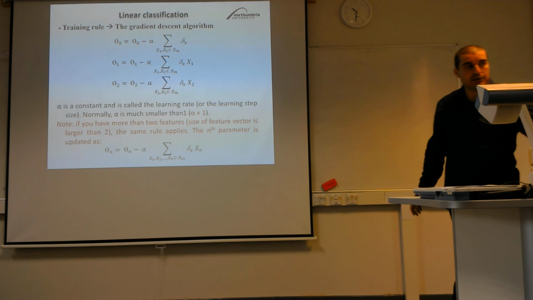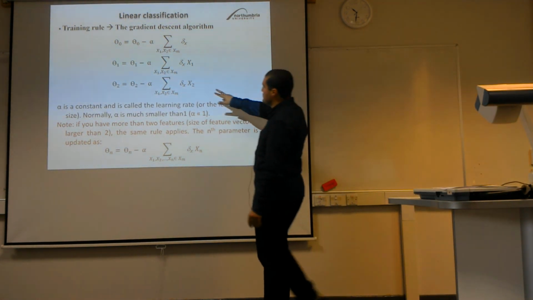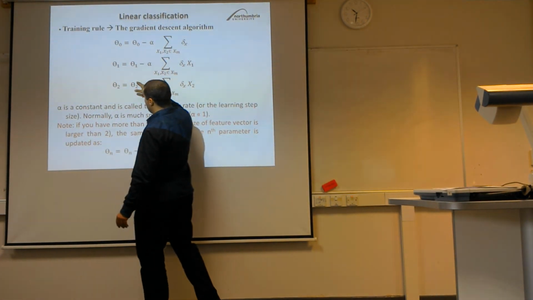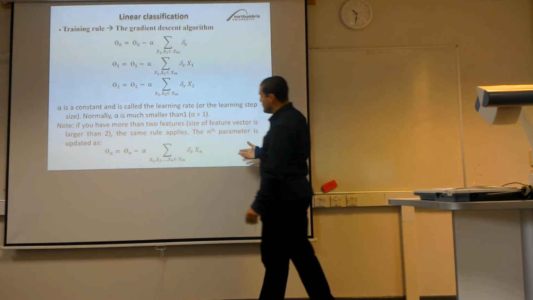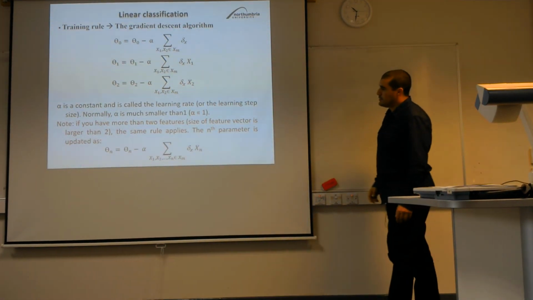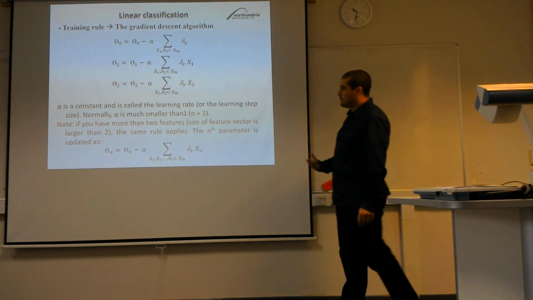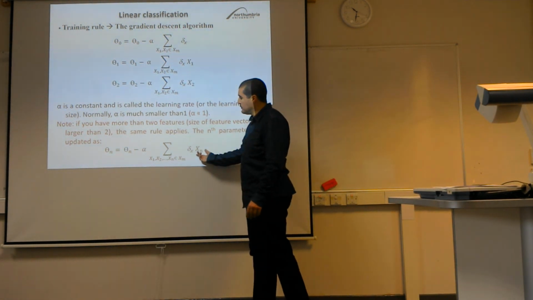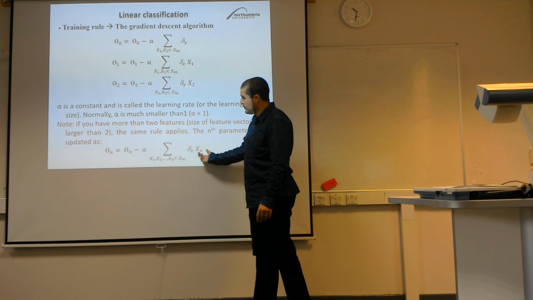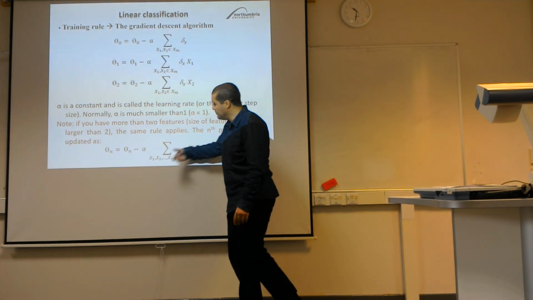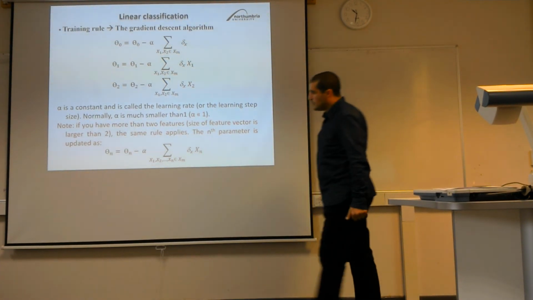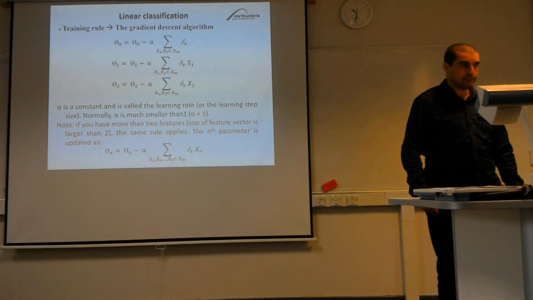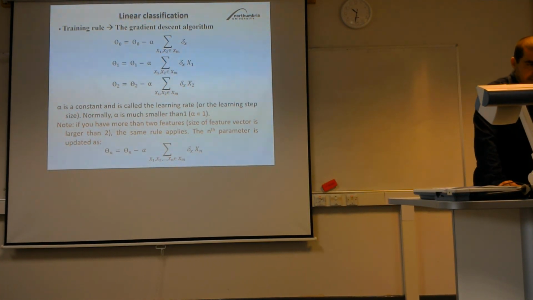Here we have 2 dimensions, 2 features, so 3 parameters, but if we have n features, we will be talking about an n-dimensional linear classifier. All the features will be included to update the parameters from theta 0 to theta n.